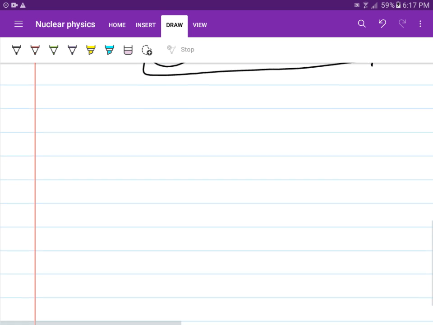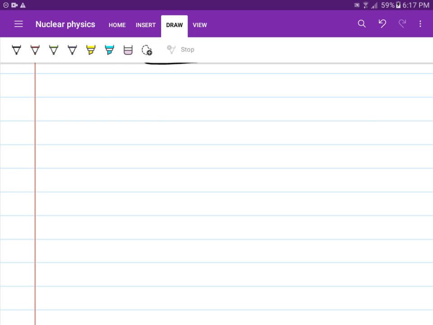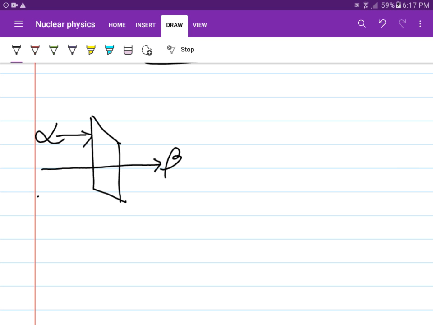Comparing it with the three types of radiation, we have our alpha particle. Alpha particles can be blocked by a sheet of paper. Beta particles can pass through a sheet of paper, and of course gamma particles can pass through a sheet of paper.